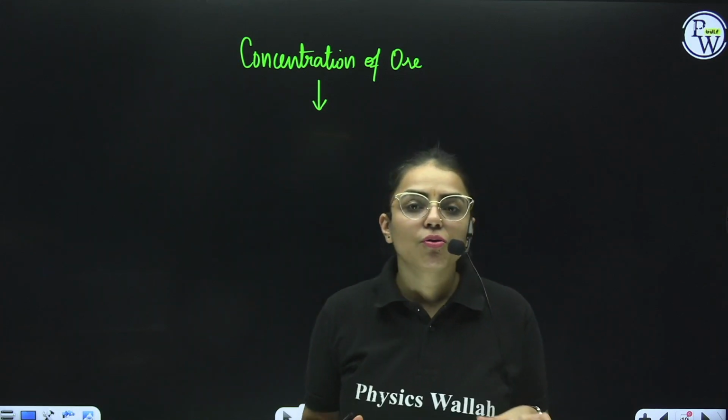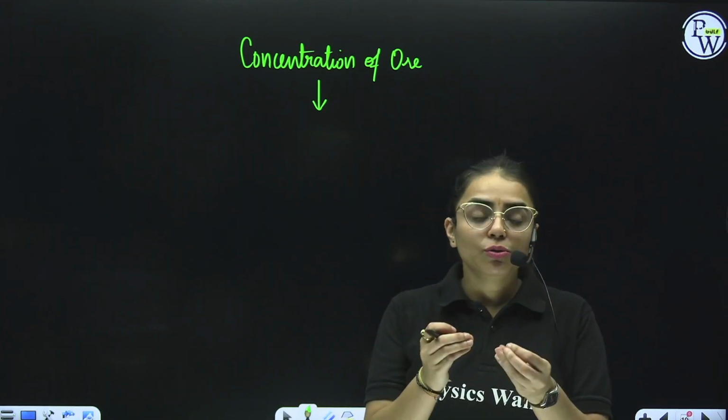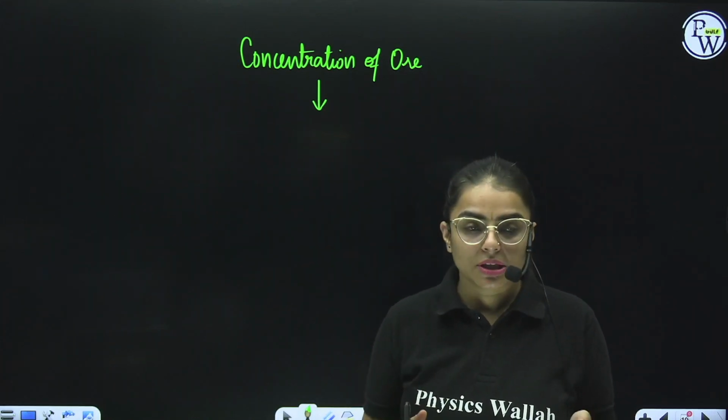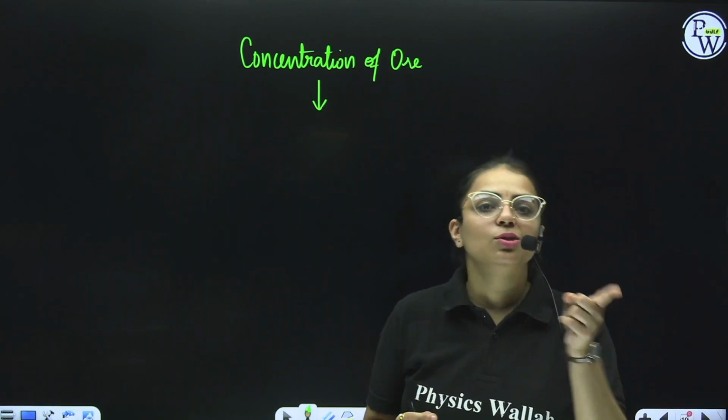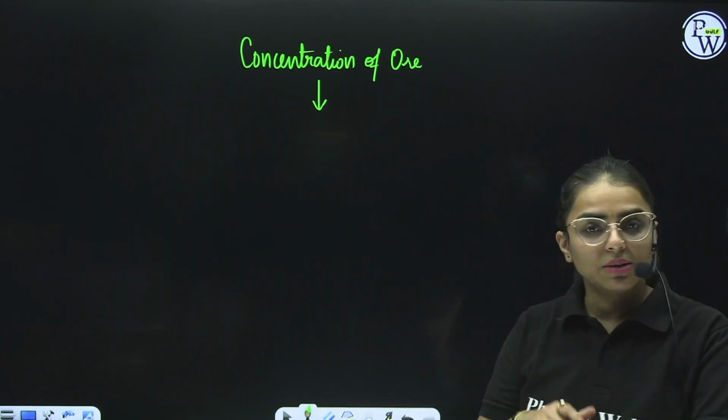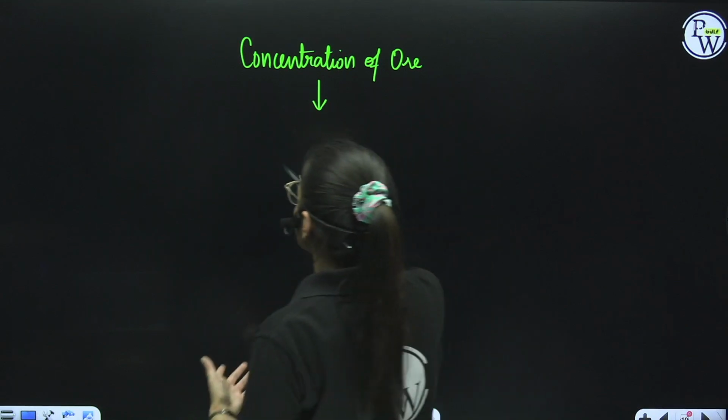After concentration of ore, students, what exactly are we going to do? We are going to do the conversion process: convert that ore into the oxide form. So concentration means cleaning, then conversion into its oxide form.